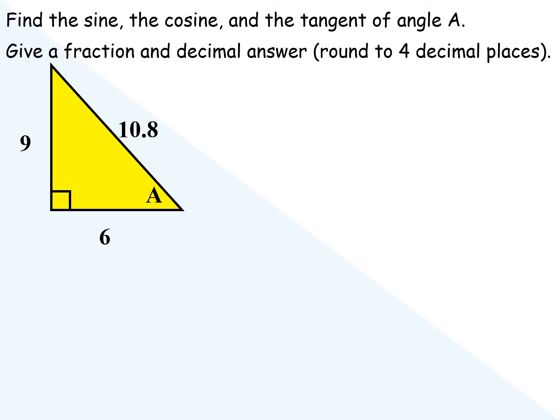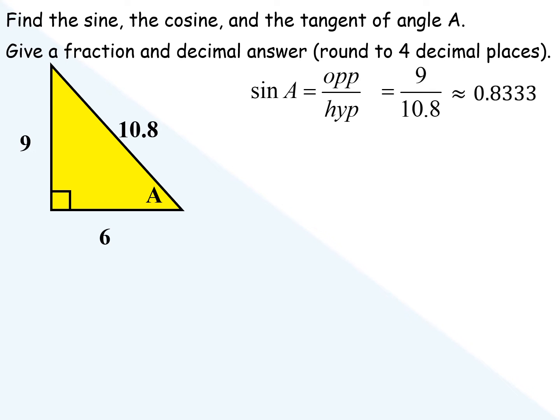Now, let us find the sine, the cosine, and the tangent of angle A. Give a fraction and decimal answer, and we are going to round to 4 decimal places. So, instead of using theta, I use this capital letter A for the angle. So, from here, we are going to find sine A. Sine A is equal to opposite over hypotenuse, the SOH. So it is equal to 9 over 10.8 or approximately equal to 0.8333.